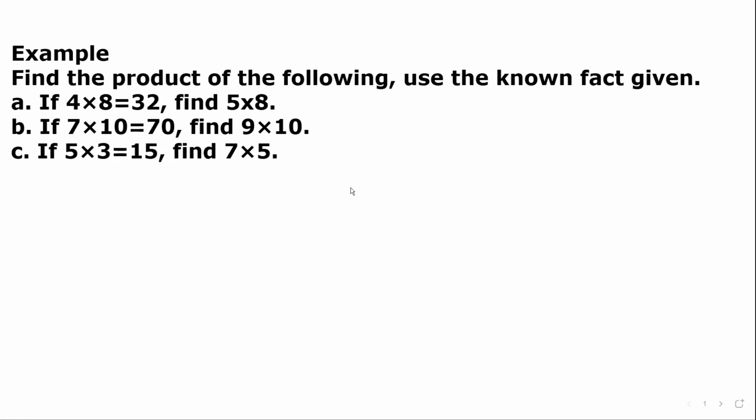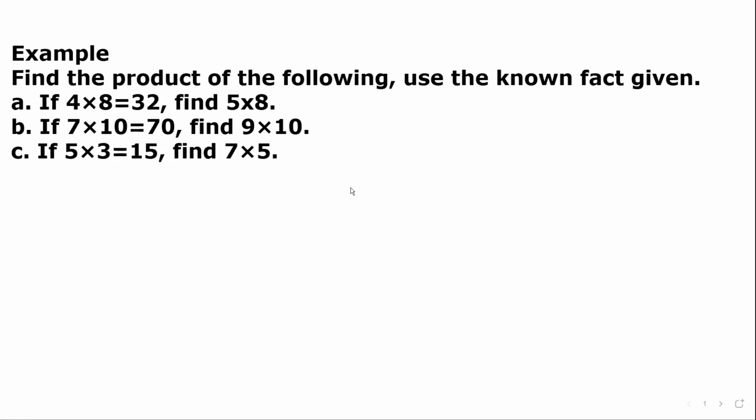For B, our known fact here is 7 times 10, which is 70. The question is giving it to us. So based on the 7 times 10 here, we are going to find 9 times 10. Now the C, 5 times 3 is 15. Find 7 times 5.